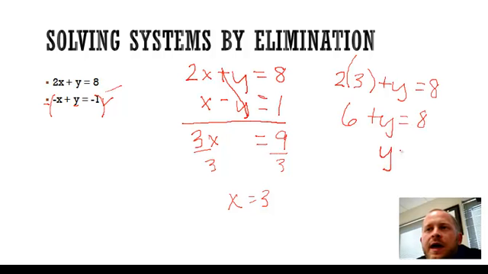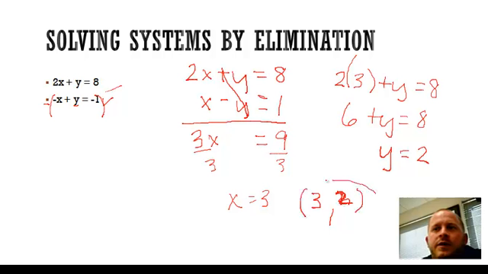Subtract 6 on both sides. We're going to get y is equal to 2. So our new answer becomes 3, 2. So, the ordered pair 3, 2 is going to be the intersection between our two equations, and it's going to be a solution for both equations in the system.